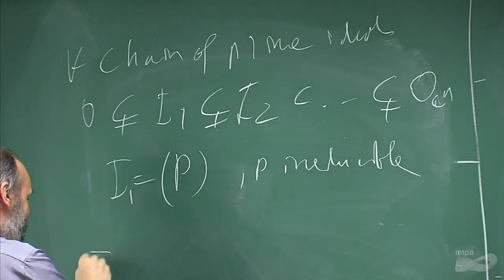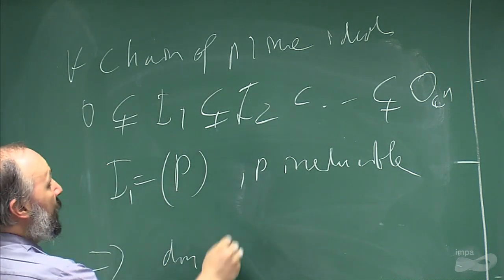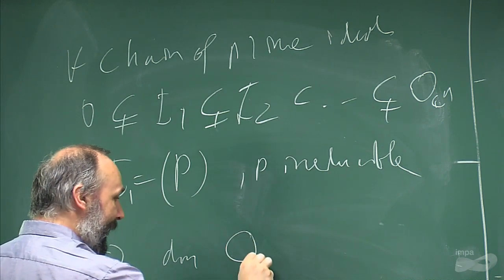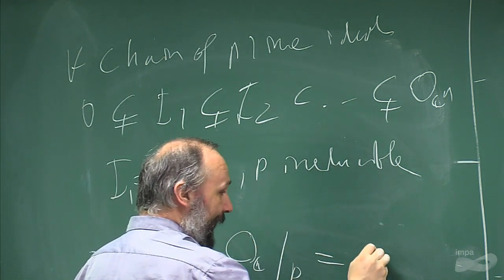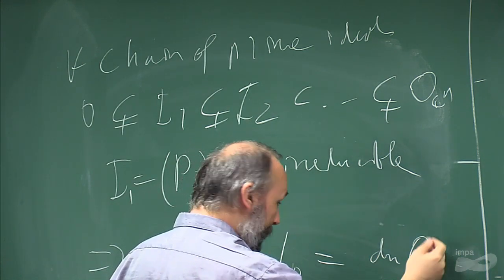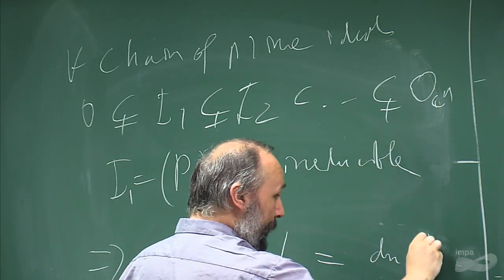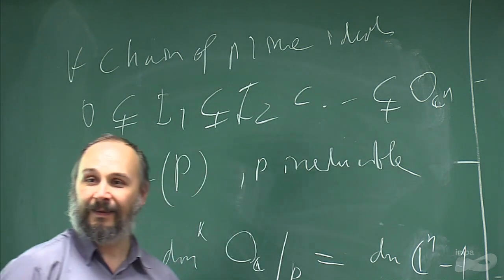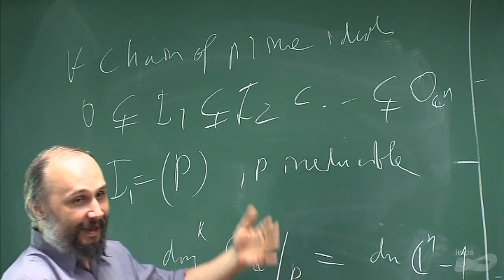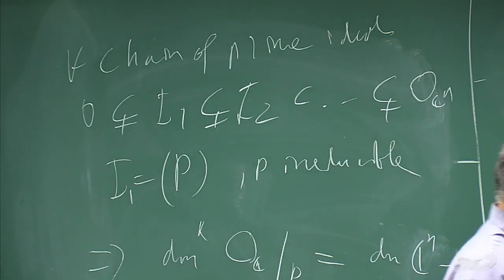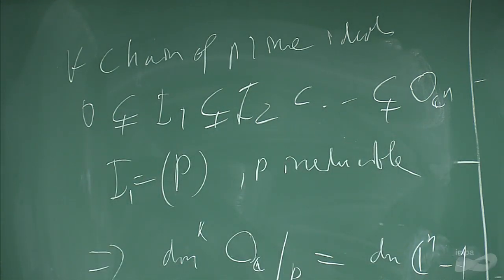This means that the Krull dimension of O_{C^n} quotient by P is the same as the dimension of C^n minus 1, because any chain in this quotient is shorter by 1. Good.